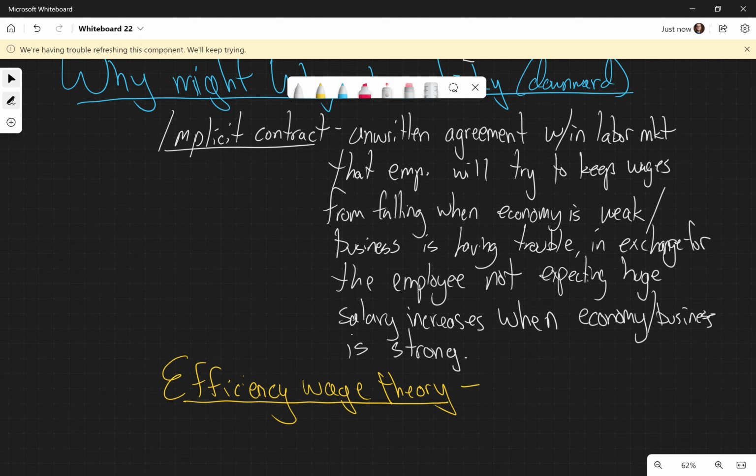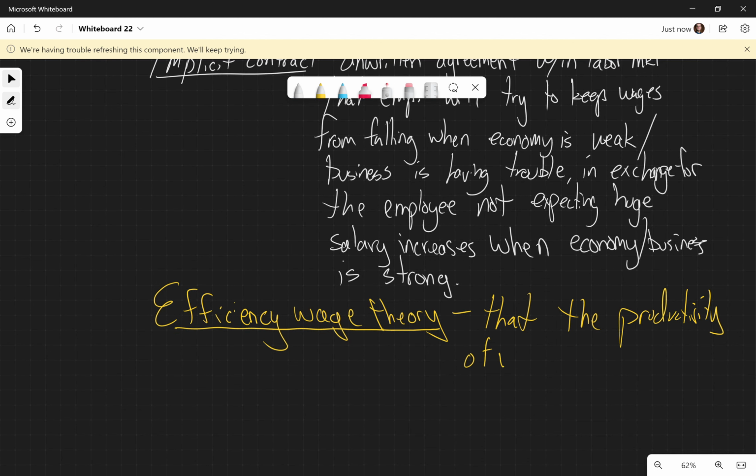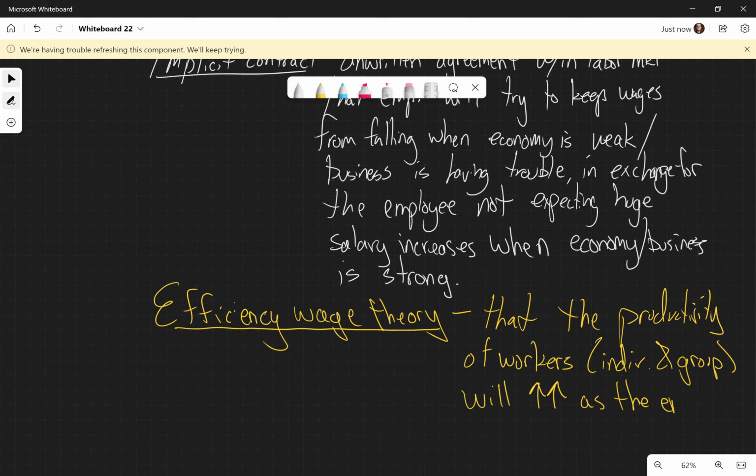So this is a theory that the productivity of workers, either individually or as a group, will increase as the employer pays them more.